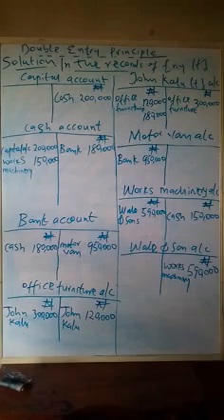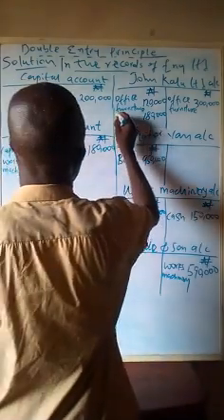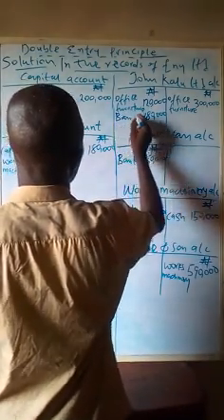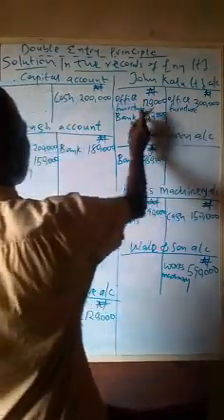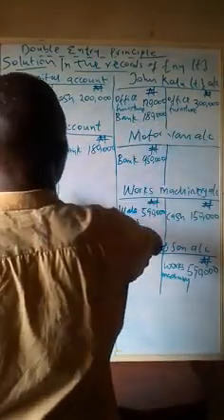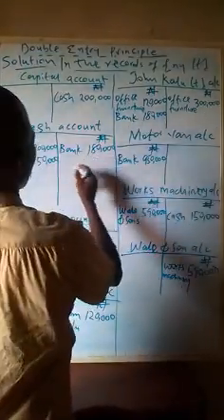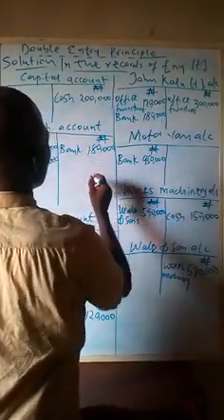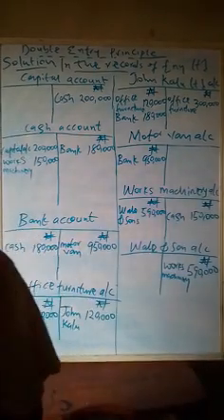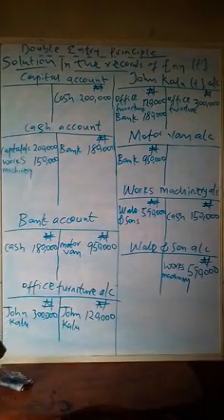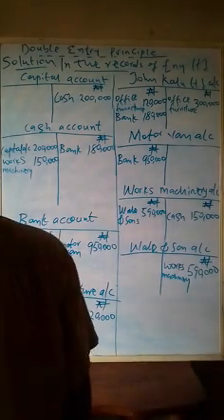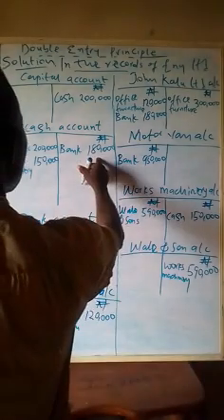The question says by check, that is bank account. Bank is giving out, so you credit the bank account with the same amount.